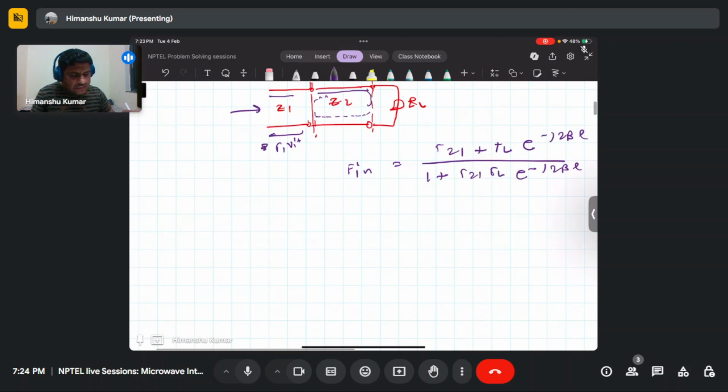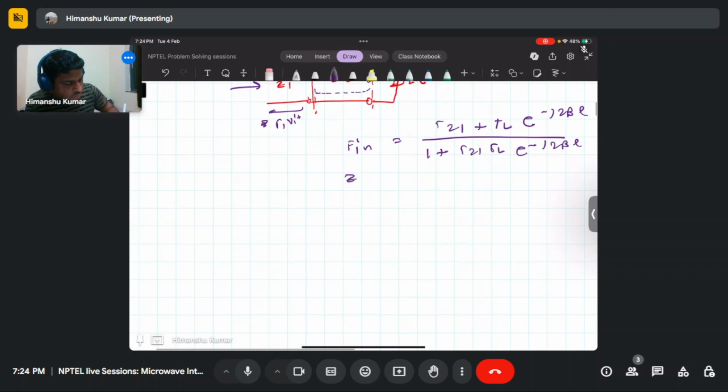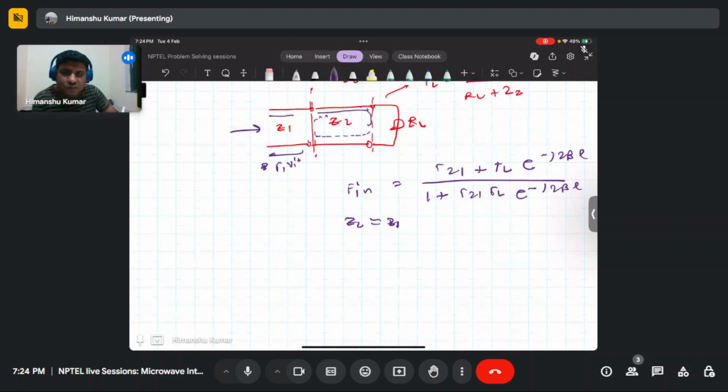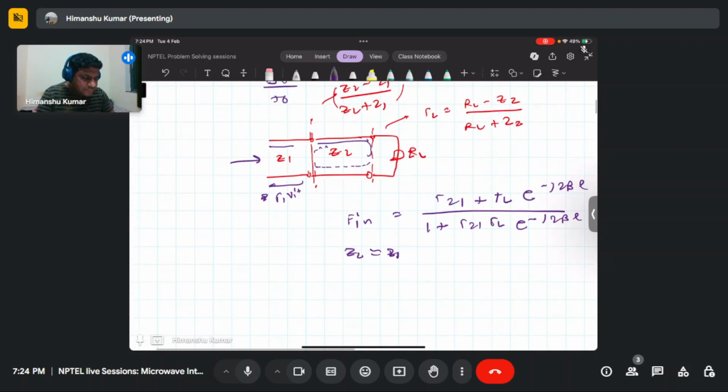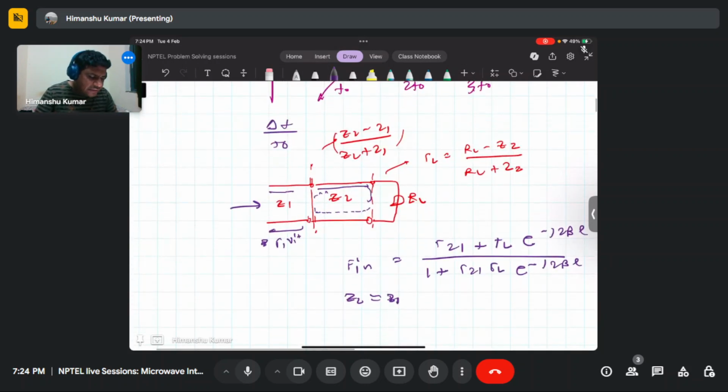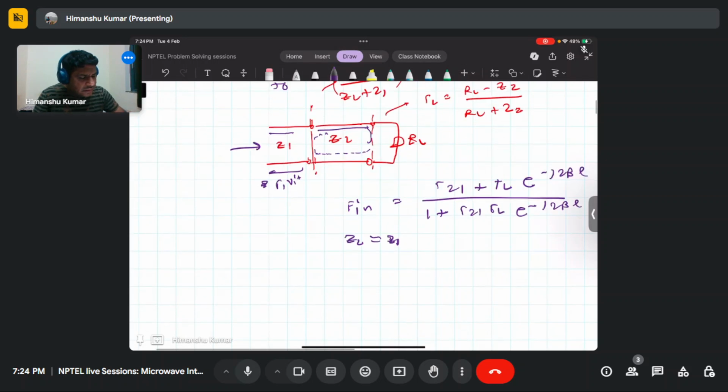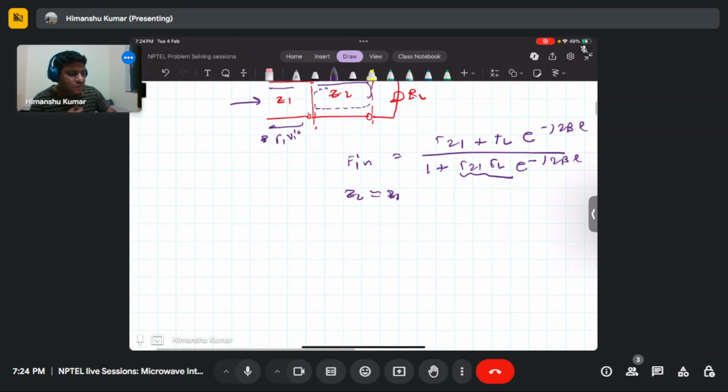When Z2 is approximately equal to Z1, you are considering that these two lines do not have much significant difference in characteristic impedance, so you can simplify this expression. The bottom term in this expression becomes insignificant and you can neglect it with respect to 1.